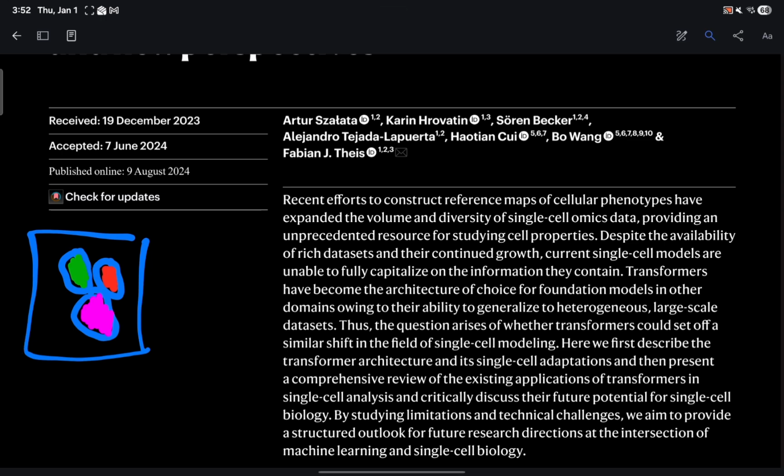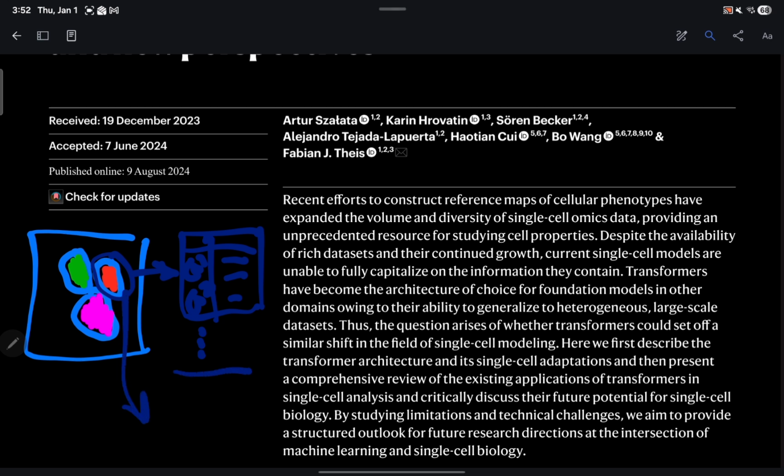So basically, the idea is that we put this one cell somewhere and try to get a profile of all genes, let's say G1, G2, and so on, and how much of these genes they have. Or it can be a profile of other omics. So this will be transcriptomics, it can be proteomes, so it will be proteomics, it can be metabolites, it will be metabolomics, and so on.